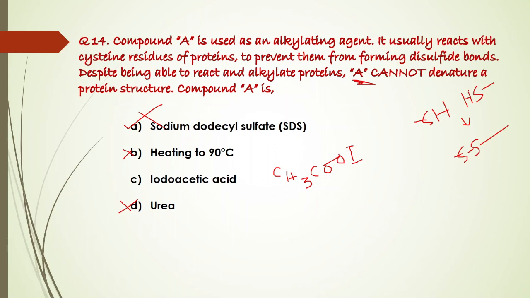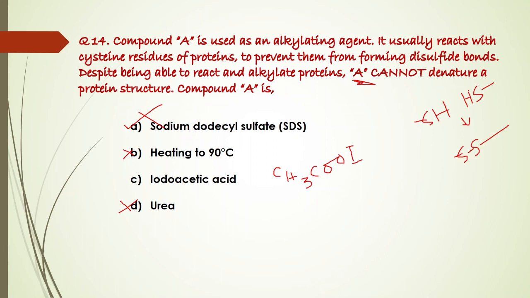Whenever that happens, the SH groups transform into SCOCH3. Now if they become alkylated, they can no longer form the SS bond. But iodoacetic acid does not necessarily interfere with the other stabilizing factors within the protein, like the electrostatic interaction, no. The hydrogen bonding, no. It does not interact with the other things.